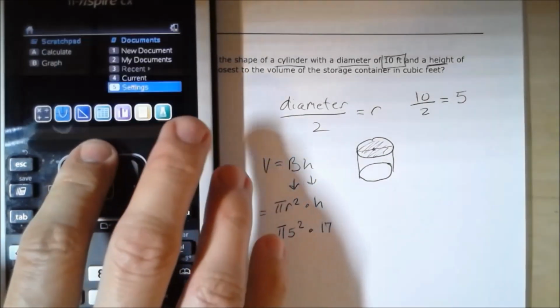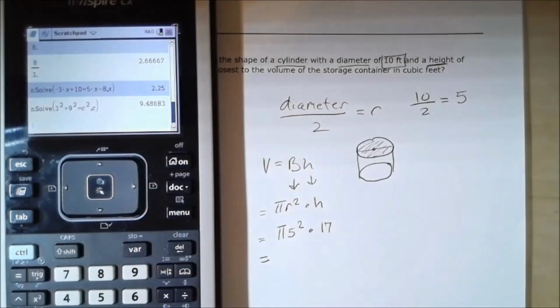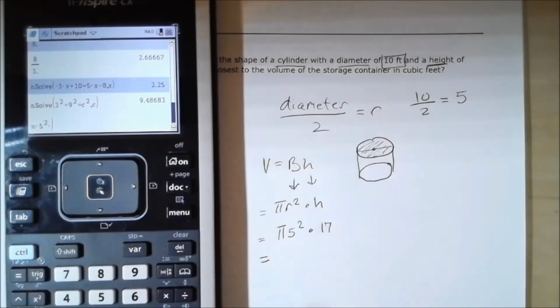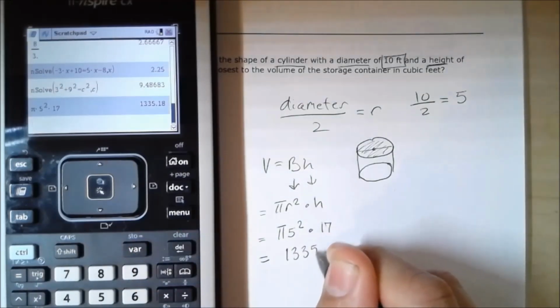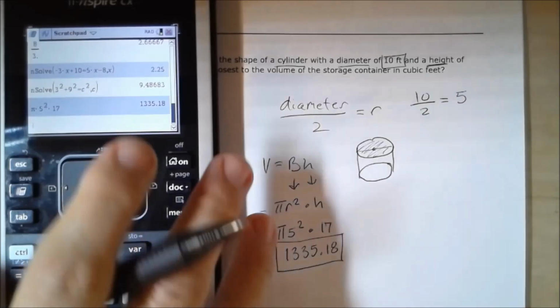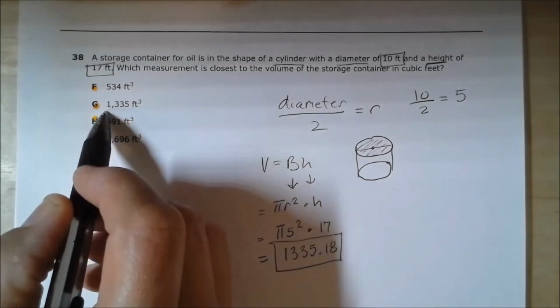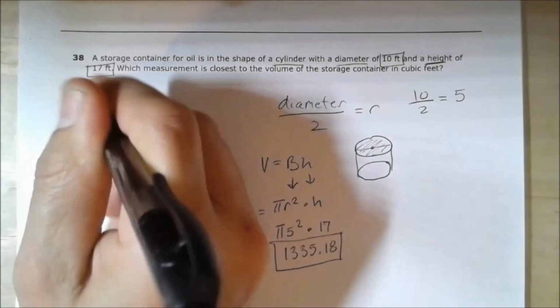So I'm going to go home, go back up to calculate, and go pi times 5 squared times the height of 17. And it gives me 1335.18. That's the answer I'm going to be looking for, or something that's really close to it. And the closest answer is 1335 feet cubed. G is the correct answer.